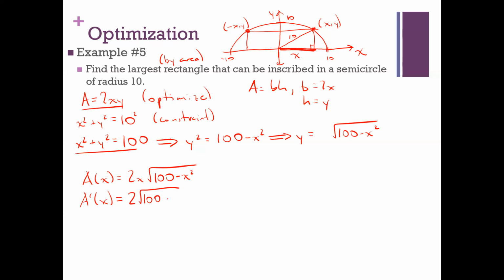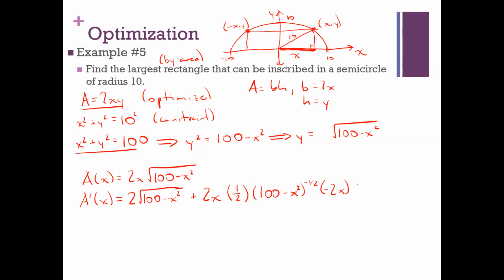The derivative of 2x times the square root of 100 minus x squared, plus 2x times what? I'll put all the building blocks in here. Chain rule says 1/2 times 100 minus x squared to the negative 1/2 times the derivative of the inside, which is negative 2x.